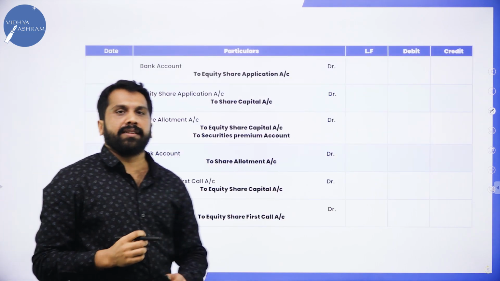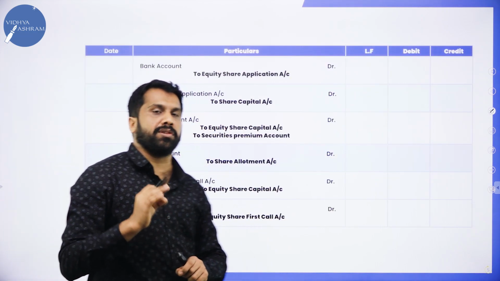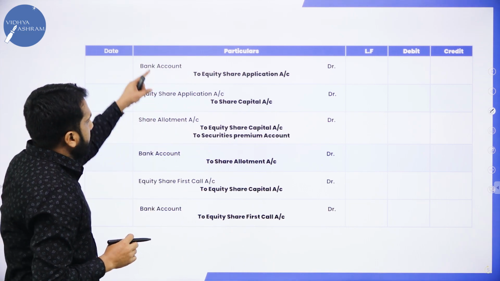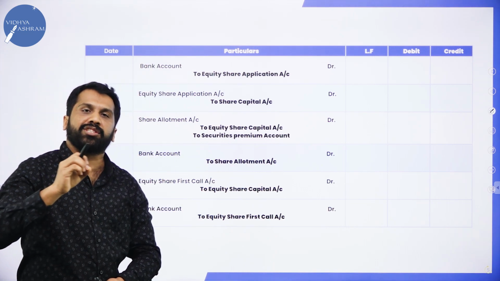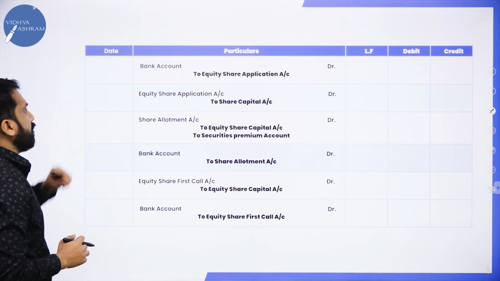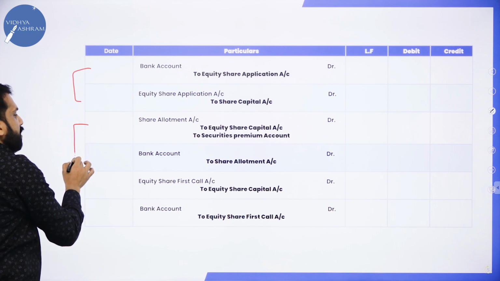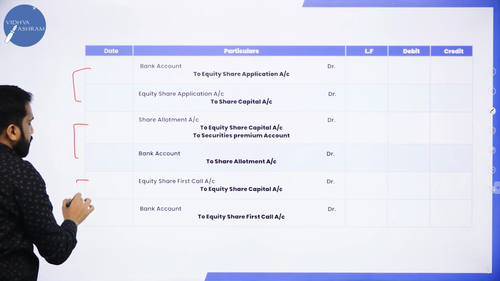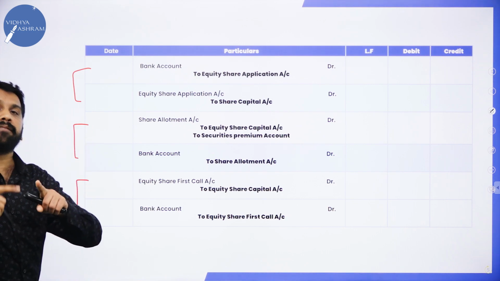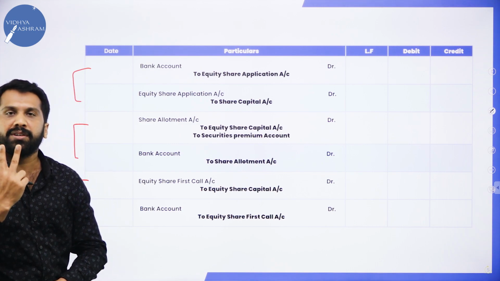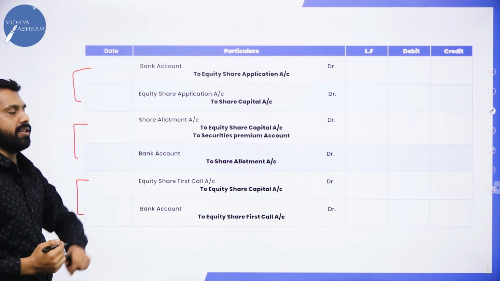We have journal entries. In your examination also, what you have to do? You have to write down all journal entries. So for application we have 2, allotment 2, first call 2 and final call 2. Total how many journal entries?